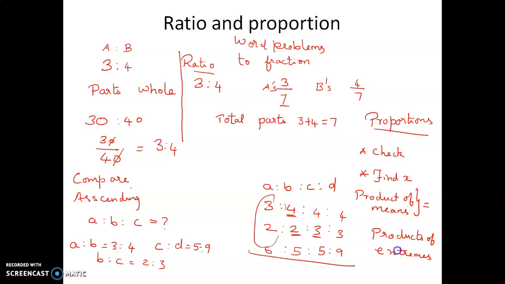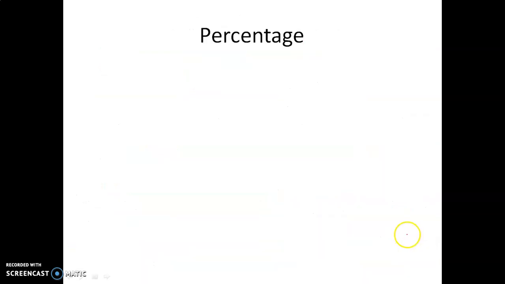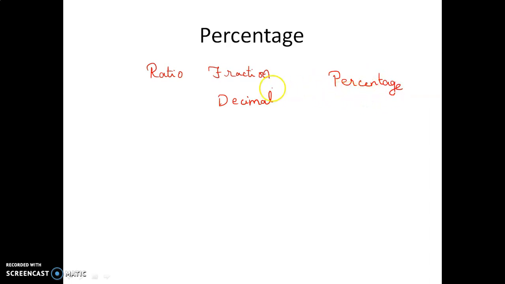Okay, children. Then, when it comes to percentage, it's a very nice thing. Here we will link ratio, fraction, decimal and percentage. All these concepts go together under the heading percentage. You should know how to convert fractions and decimals to percentage.